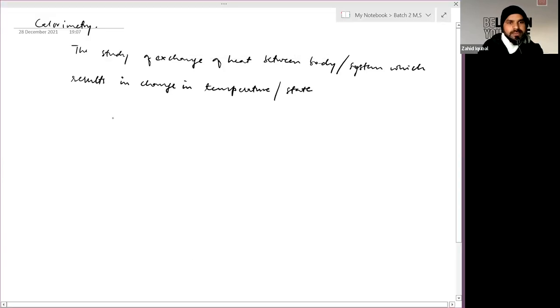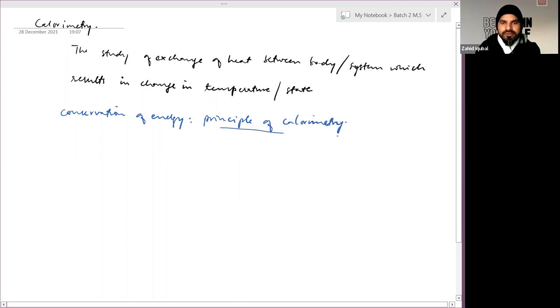It is based on conservation of energy. So using conservation of energy, we may define the principle of calorimetry. It says if two different bodies are interacting, one should lose some amount of heat and the other should gain that much amount of heat.